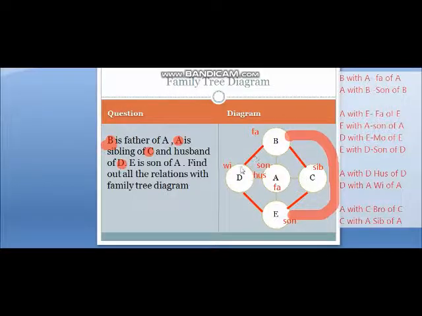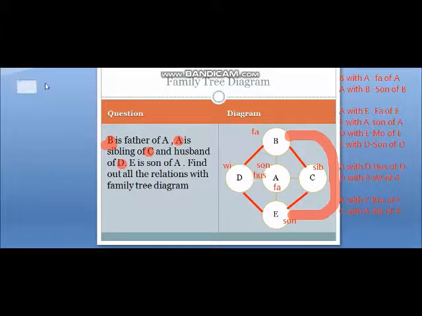Now B और D के relation पर आते हैं हम. तो if you are going to write here B with D. So what is B with D?